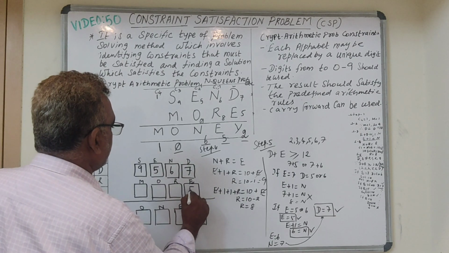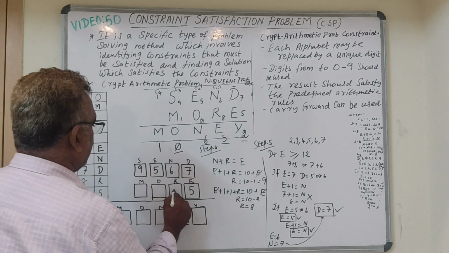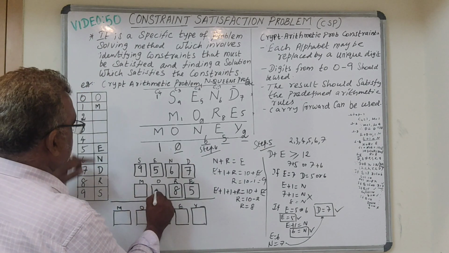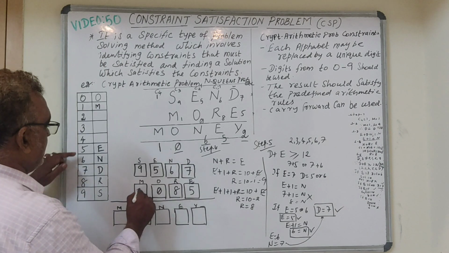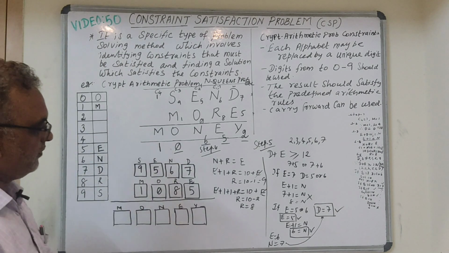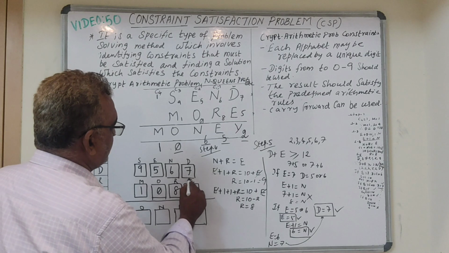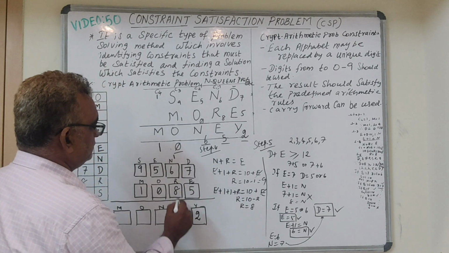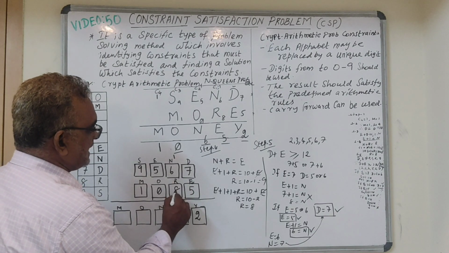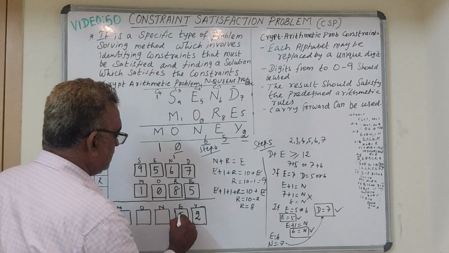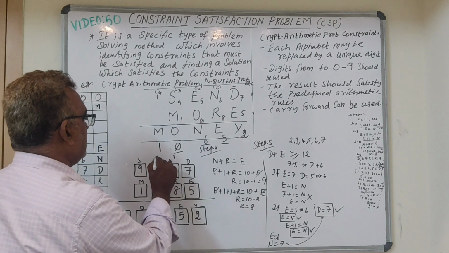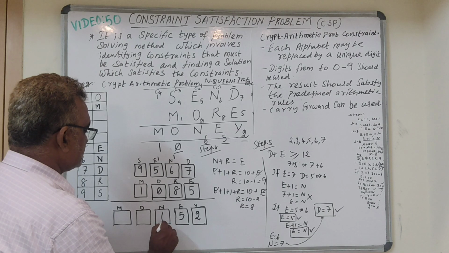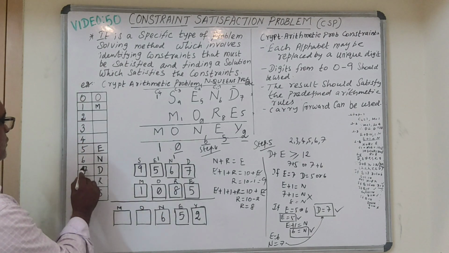Similarly again E is 5, R is 8, then O is 0, M is 1. If we perform this addition, 7 plus 5 is 12, carry 1. So 6 plus 8 is 14, plus 1 is 15. The sum is 15, and again you have a carry, so 1 plus 5 is 6, so N is equal to 6.